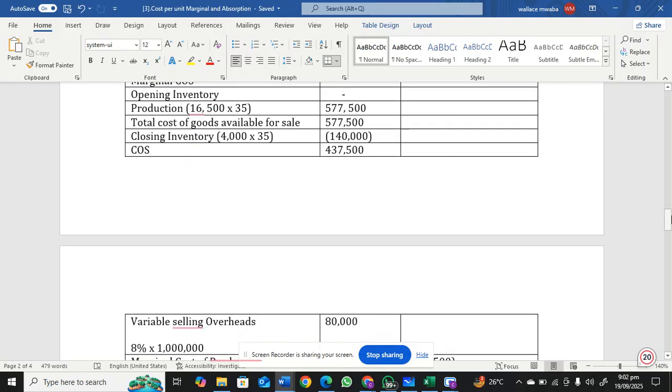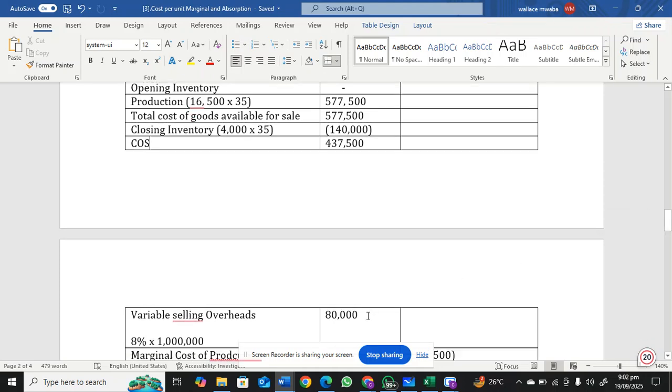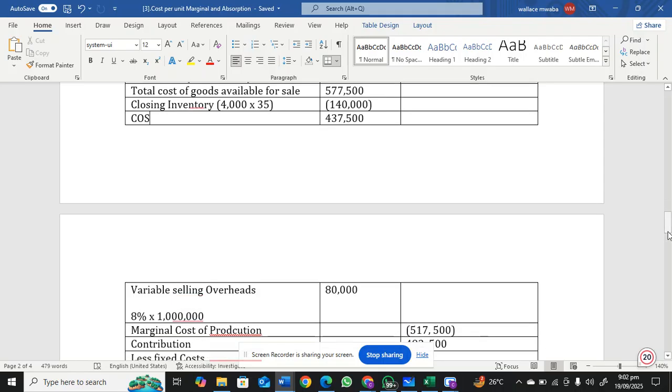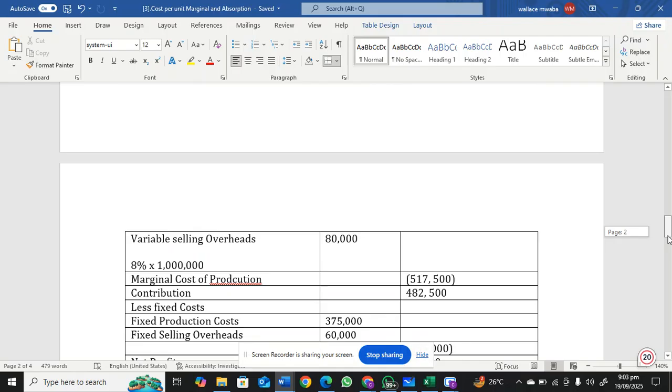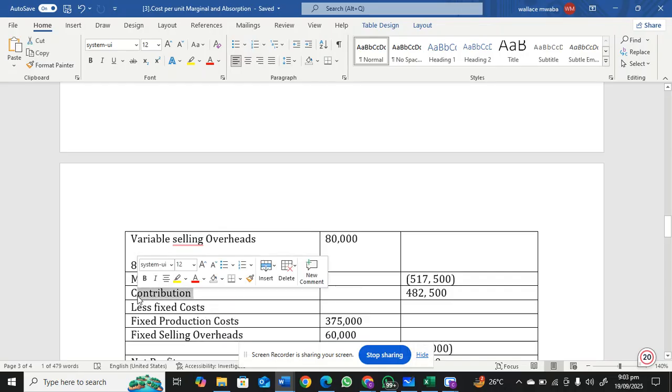Then, if there are any other variable costs like the variable selling overheads, add them so that you get your total variable cost of production. When you get that, you get your contribution, which is the contribution towards covering fixed costs, the money that is left after you remove your variable costs.